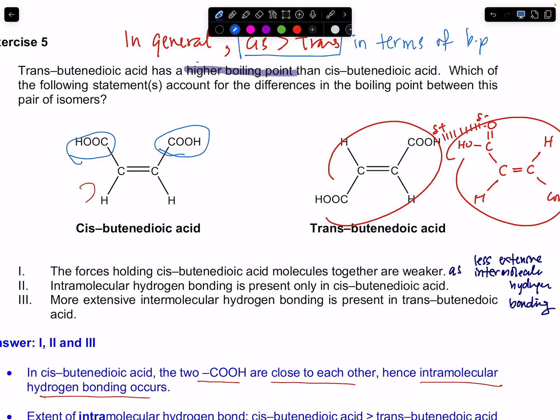This is true as well, right? Why? Because in trans, the two COOH groups are too far apart. More extensive intermolecular hydrogen bonding is present in trans-butenedioic acid. This is true as well because when they don't form intra, they tend to form inter. Are you all clear on this?